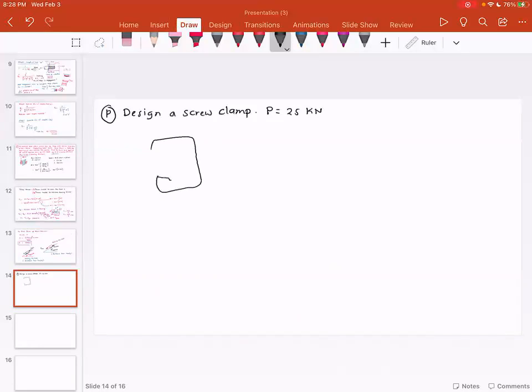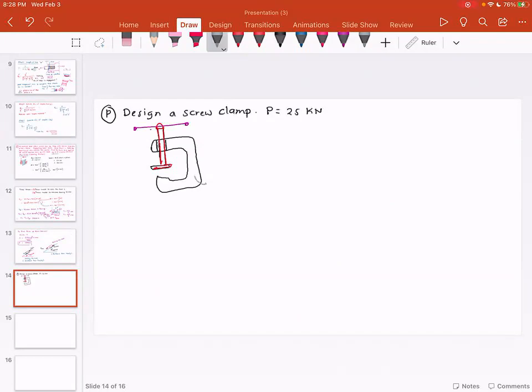So screw clamp is sort of another word for the C clamp, wherein you have a C-shaped clamp, and then here there is a nut. The nut could be separate or the nut could be integrated in the housing. Then you have the screw, and then you have a small handle.